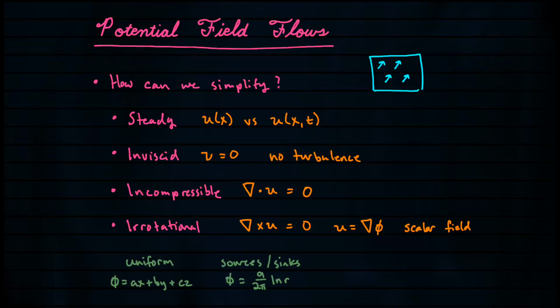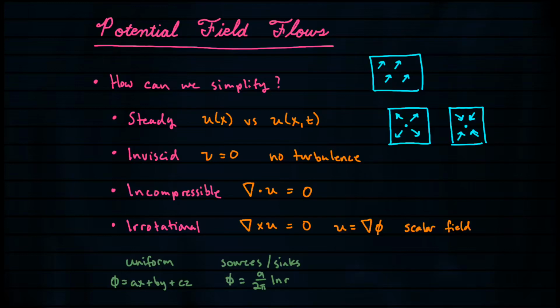Maybe we have fluid coming from a location, or maybe we have a drain of some kind. So we could say that phi equals some constant a over 2 pi times the natural log of r, where r is the radius from the source or the sink. For a source, if we were looking at a vector field, we would see that the velocity is going away from the source, and if it was a sink, we'd see the velocity approaching the sink.